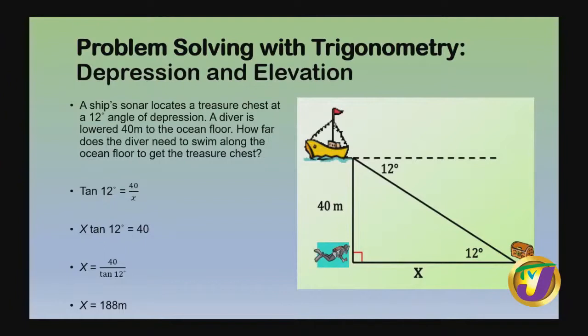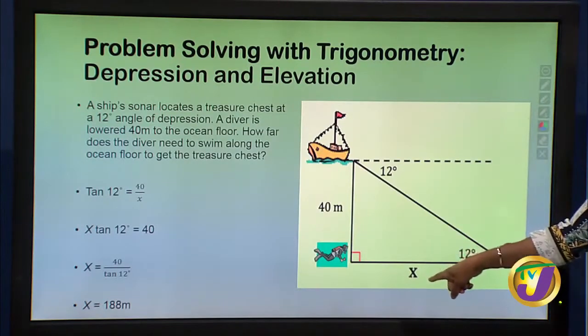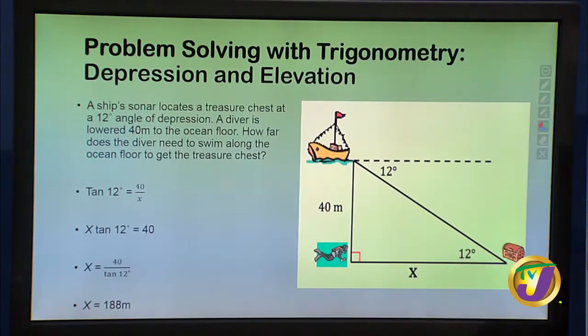So we divide both sides by tan 12 degrees. When we work this out, using your calculators, the value of x, meaning the distance between the diver and the treasure chest, would be 188 meters. That would be the length of that side.